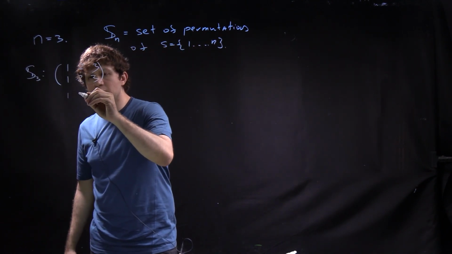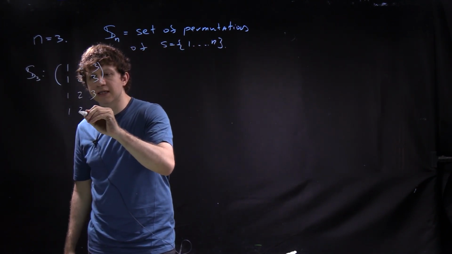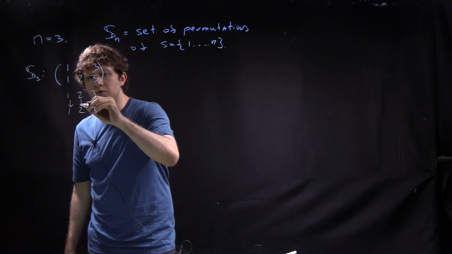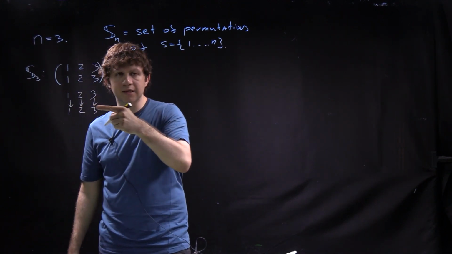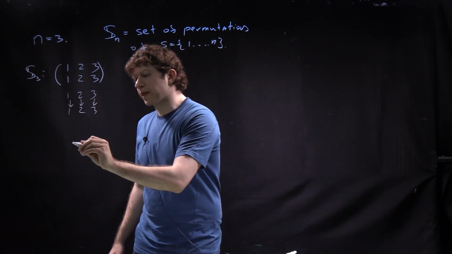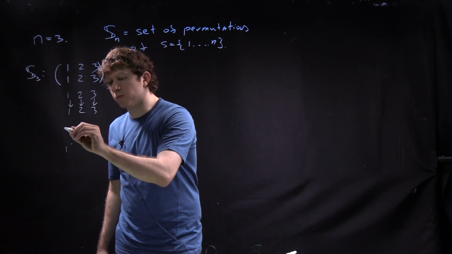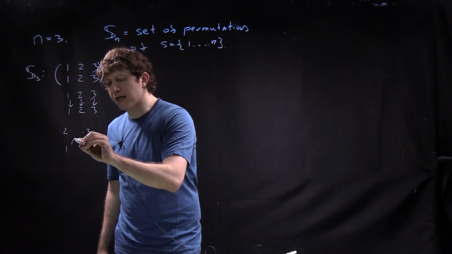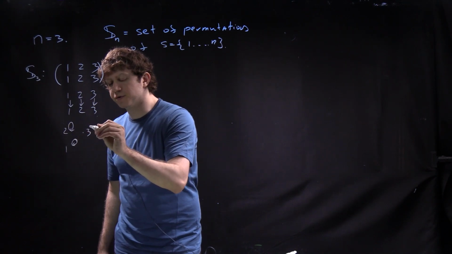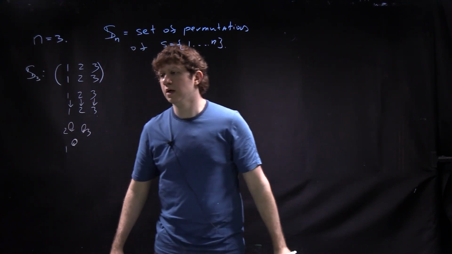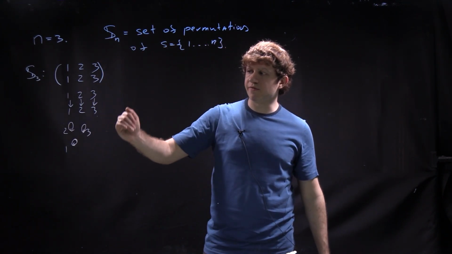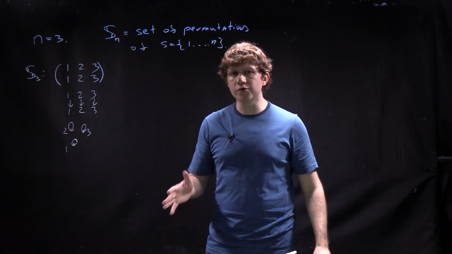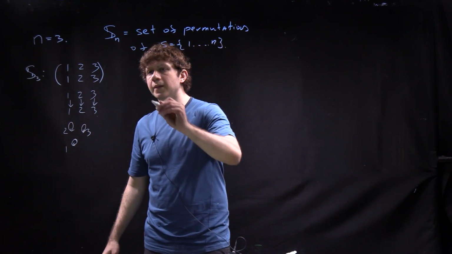The second way to draw it, you can just say, okay, 1 goes to 1, 2 goes to 2, 3 goes to 3 by these little arrows. And finally, you can draw it as 1, 2, 3, and just say with an arrow where everything goes. So these are 3 different ways to draw permutations, and they are useful for different purposes.